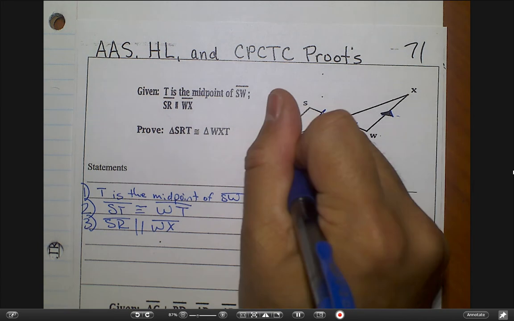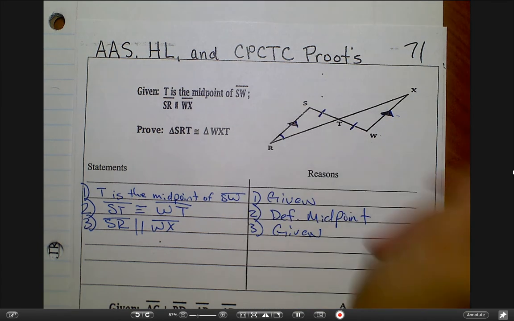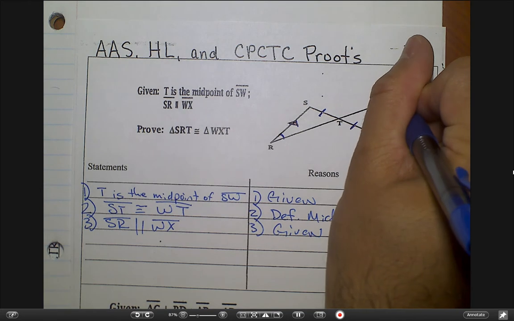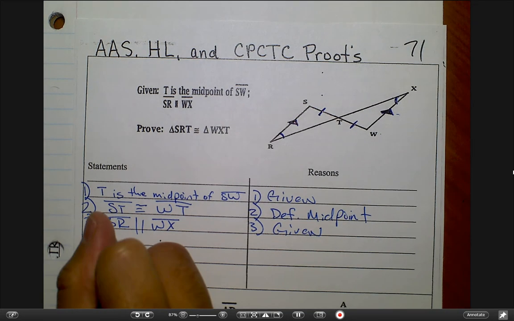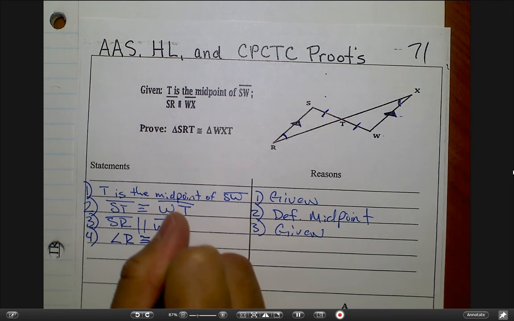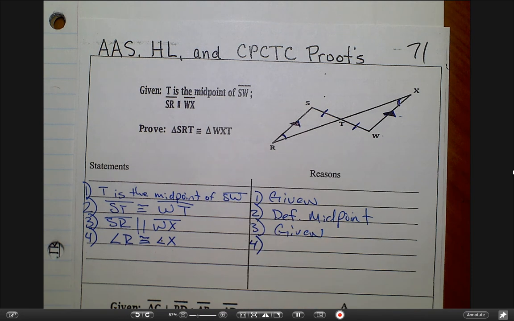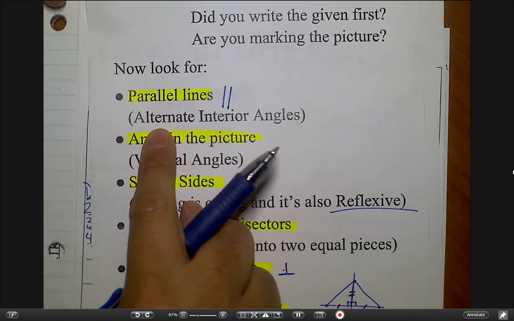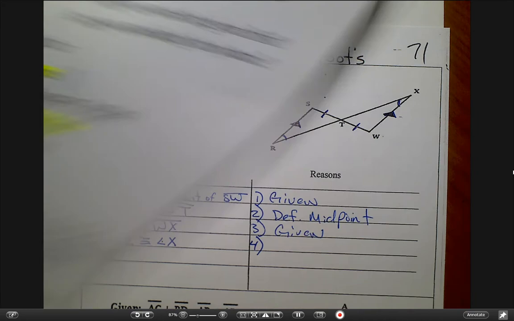So R is going to be congruent to X. Angle R is congruent to angle X. And the reason? No, not parallel lines. Very good. Alternate interior angles, right?